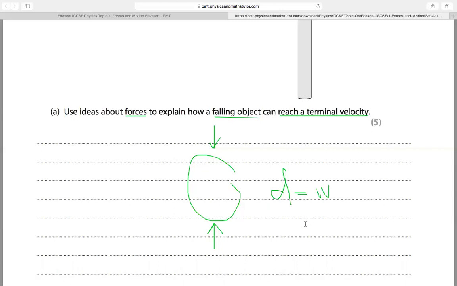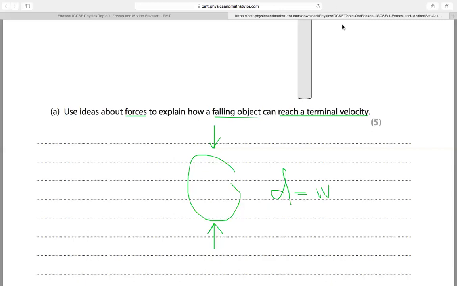Eventually, for point number 4, drag will equate to weight. When drag is equal to weight, number 5, you say the resultant force is 0 because now it's balanced. The resultant force is 0, causing the object to travel at constant speed.